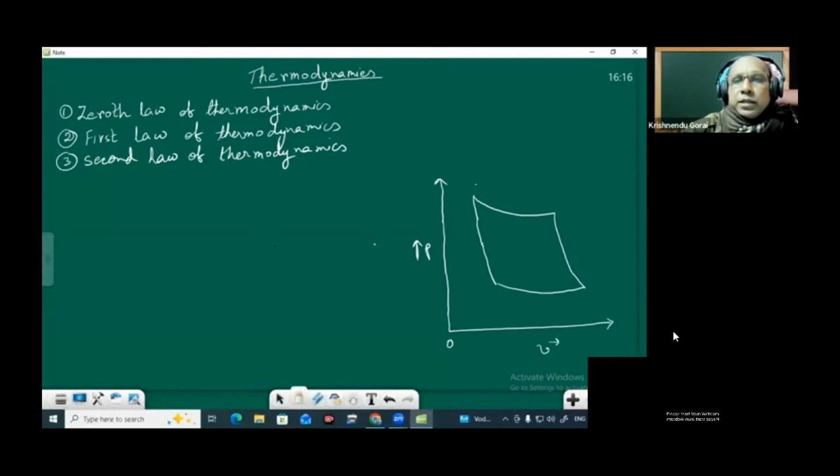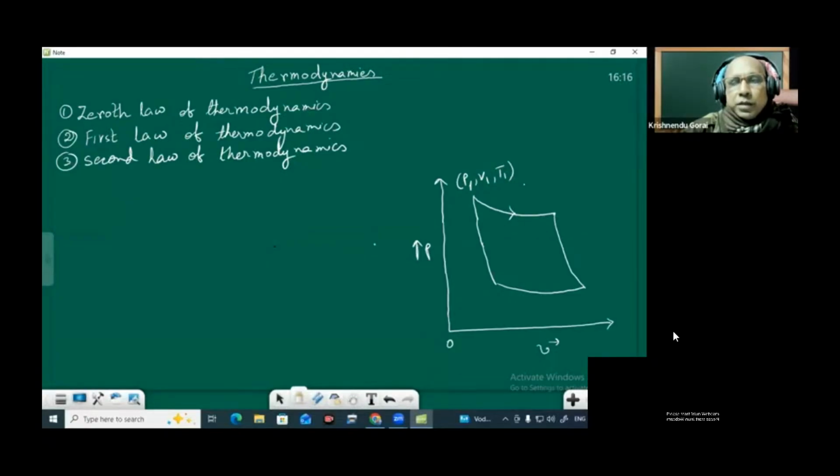This point is P1, V1, and the temperature is T1, and the direction is from here to here. You see, the volume is increasing here and here, and decreasing here and here. These two are increasing and these two are decreasing.